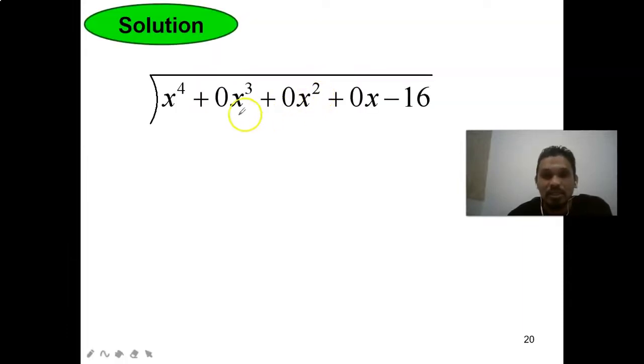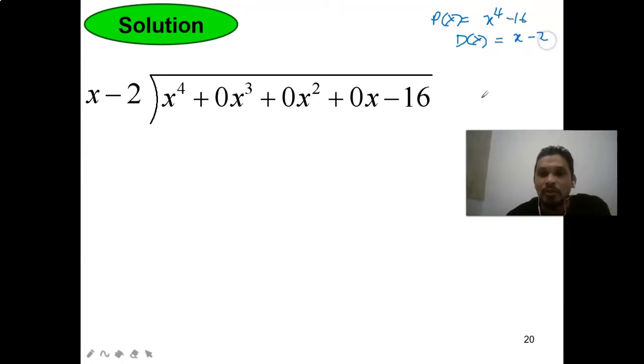What I'm trying to say is this one here. So just now, it is x power of 4 minus 16, and the divisor D(x) equals x minus 2.